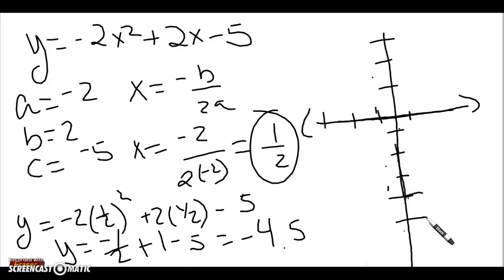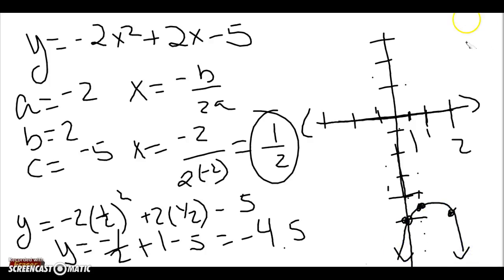So if this is 1, then this is a 1, 2, 3, 4.5 is about right here. And it still crosses at negative 5, and so this is my axis of symmetry. And so that's something like this is actually 1, sorry. And that's 2, so then I'll be right here in the halfway point. And so then it's more like that.